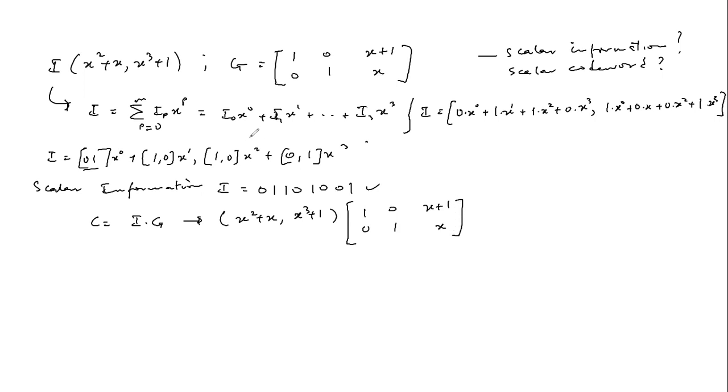So multiply through, here C is this times this, then this times this.